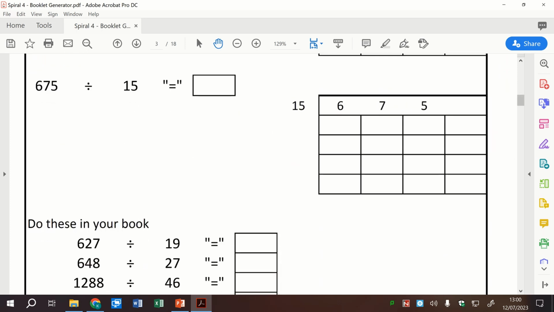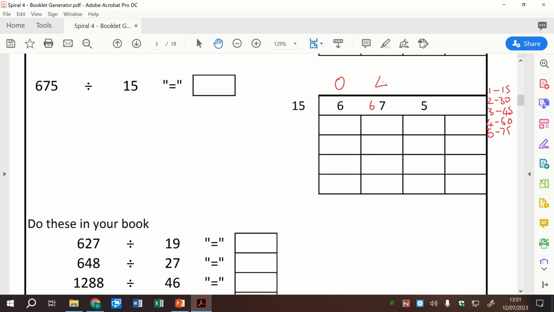Okay, so 675 divided by 15. Does 15 go into 6? No, it doesn't. I've got 6 remainder. It goes in front of my next digit. So 1 is 15, 2 is 30, 3 is 45, 4 is 60, 5 is 75, isn't it? So how many times does 15 go into 67?